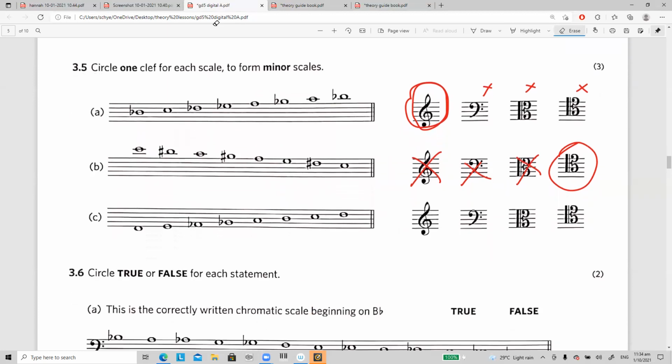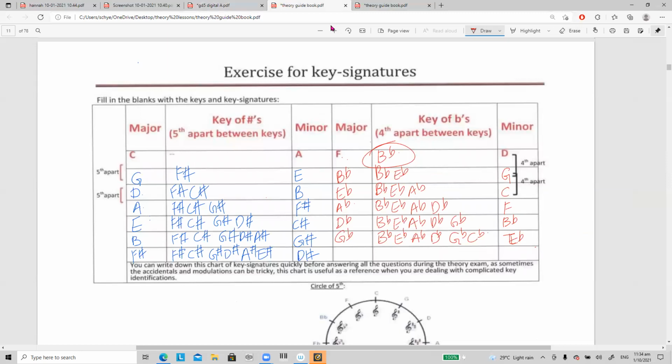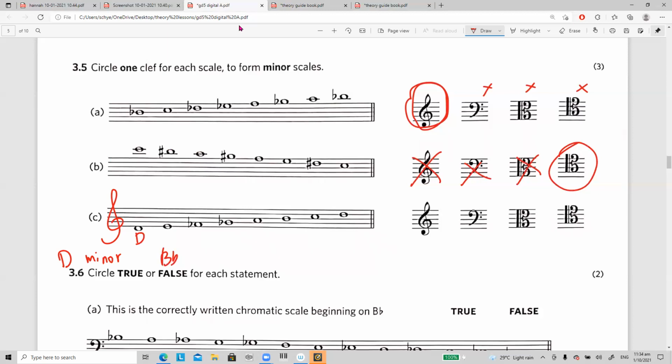Okay, last one. If this is treble clef, try one by one. This will be D minor, okay? In D minor, you have B flat as a key signature. So write down B flat.